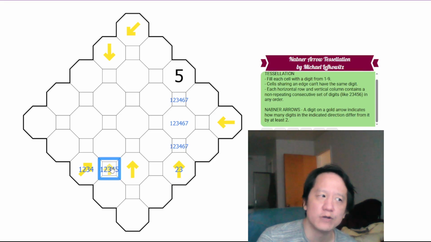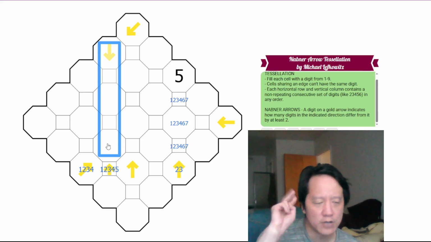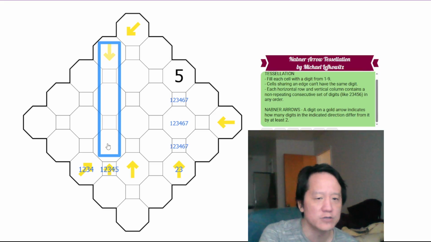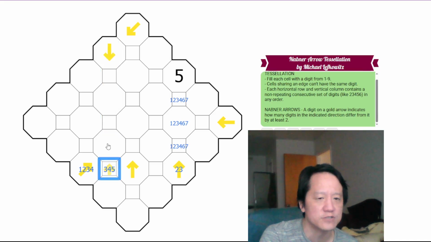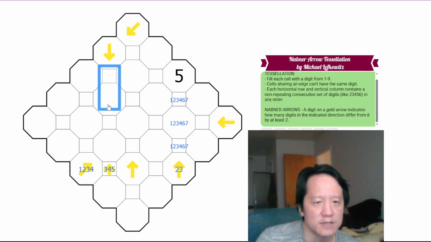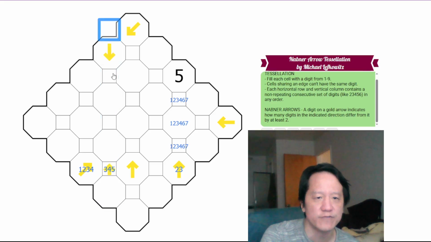It can't be 1. If it's 1, the problem with this is you're guaranteed at most 2 consecutive digits here. So that means you're guaranteed at least 3. So this is going to be at least 3 then. This has 1, 2, 3, 4, 5, 6, at most 2 consecutive digits, so it's guaranteed to be 4.